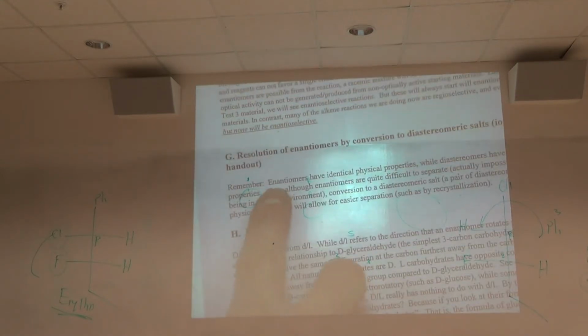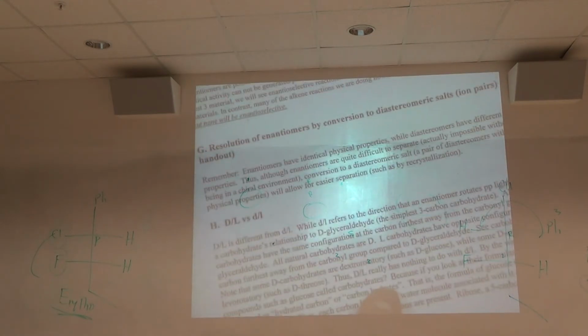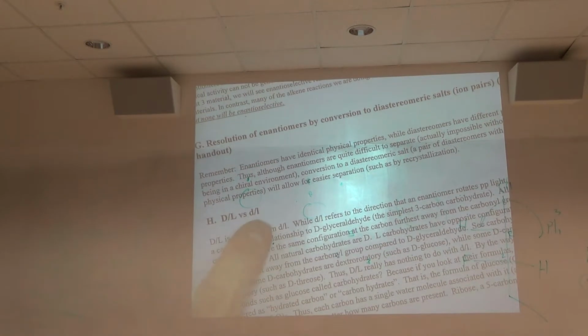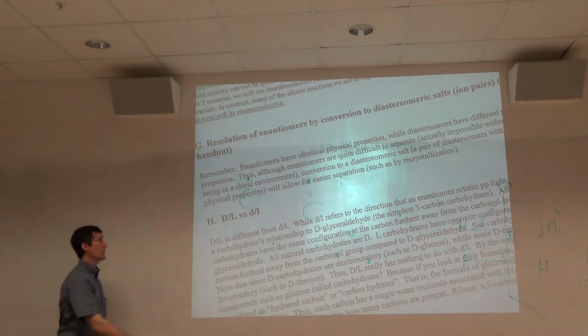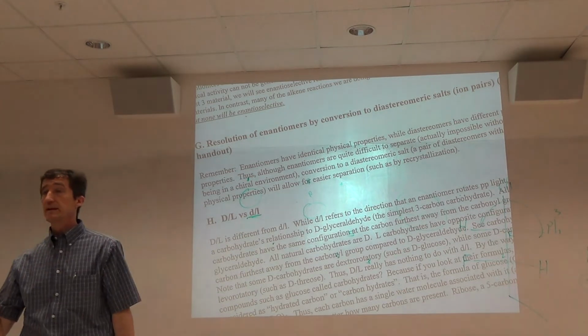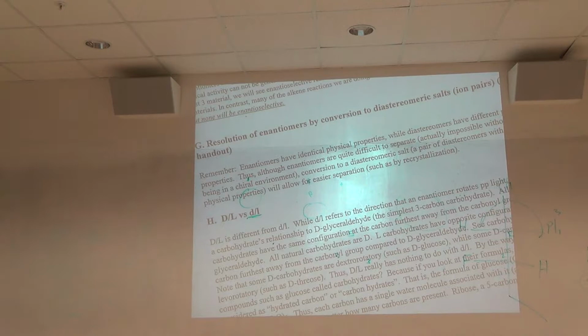So on the back of the purple, let's try to finish up miscellaneous things. We just talked about G. One other thing you need to be aware of, moving into biochem, is there's a difference between capital DL and little dl. We're dealing with little dl. Big D and L means something different.